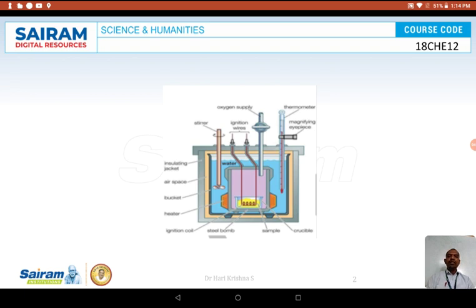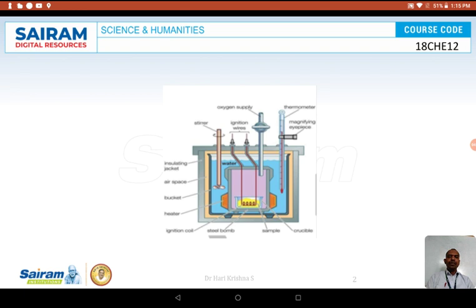The energy liberated in the form of heat will be absorbed by the bomb, which is later transferred to the surrounding water. When it is transferred to the surrounding water, the temperature will increase. The rise in temperature will be noted down, that is, the difference between the final temperature and the initial temperature.